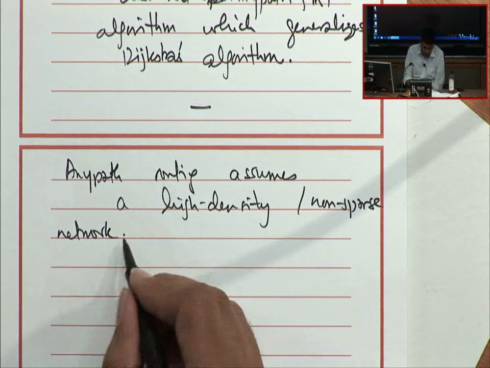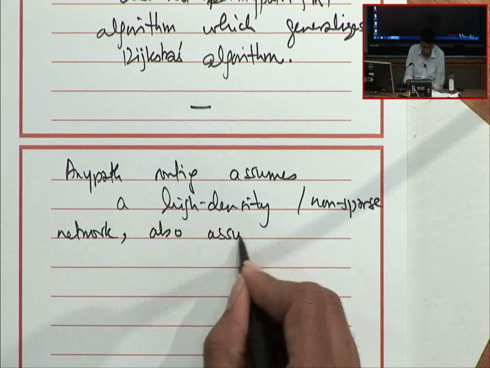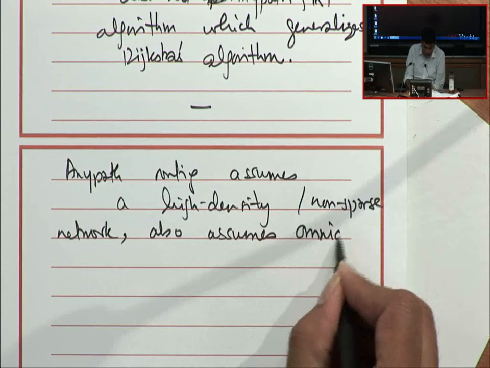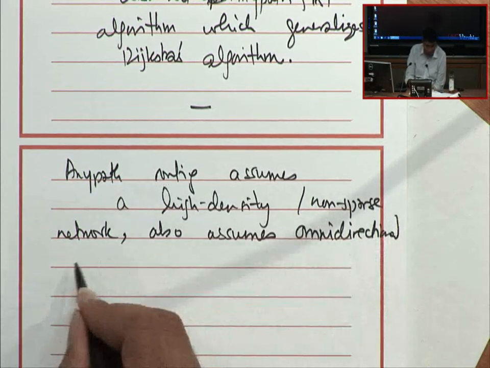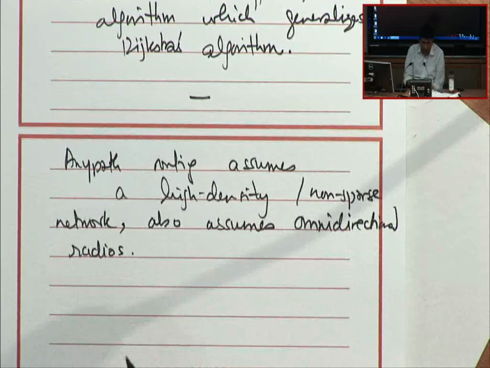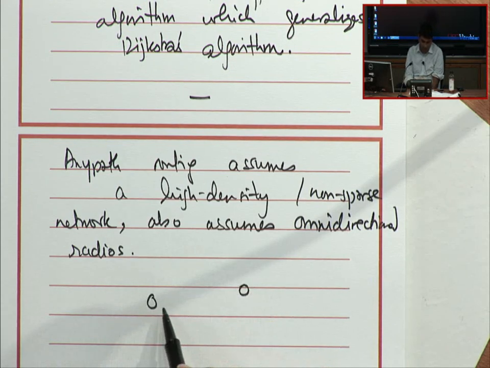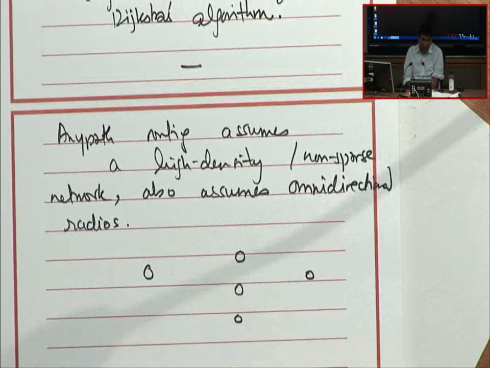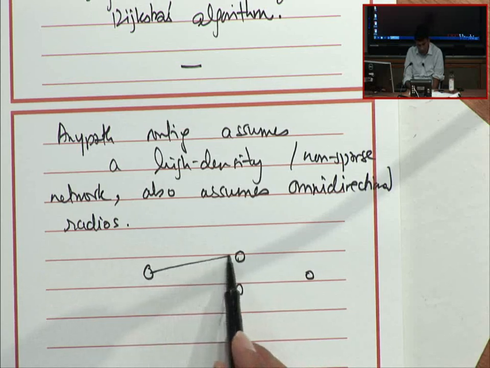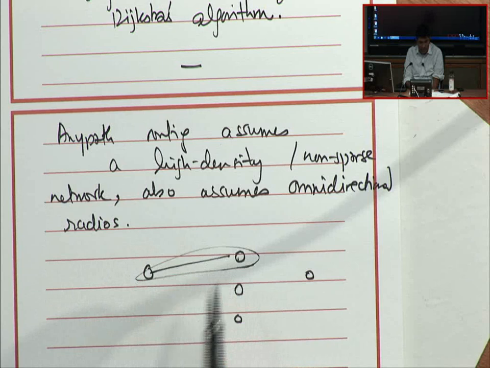And in particular, it also assumes omnidirectional radios. Right? I mentioned that some of the static multi-hop networks that have been deployed, such as the mesh network deployed by this company in Boston called NetBlazer, actually uses directional antennas. So they've actually set up their nodes so that, even if you may have 3 different nodes that could potentially route you to a final destination, the way the communication is set up, if you're going to talk to this neighbor, you're going to use a directional antenna which will not simultaneously be receivable at the other nodes.